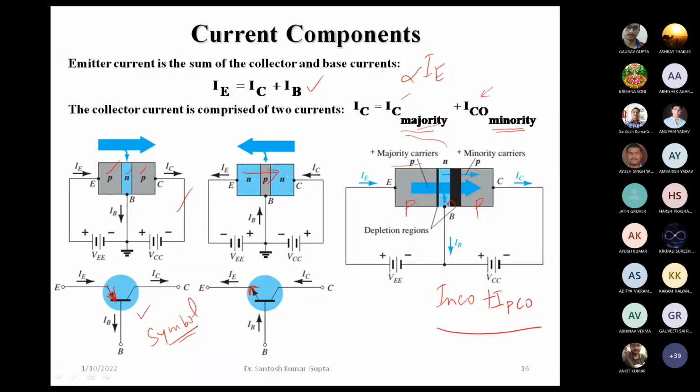But the reference current direction is opposite to the flow of electrons, the negative charge carriers. So the actual current direction is from right to left for the NPN transistor, whereas for the PNP transistor it is from left to right.